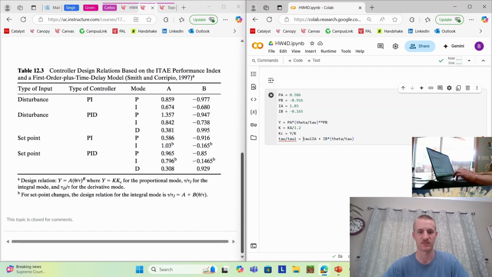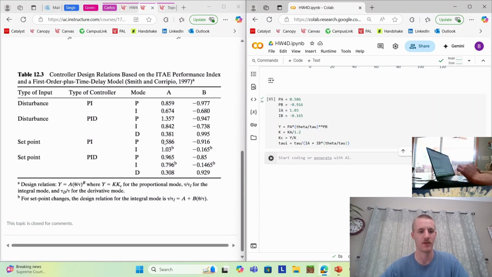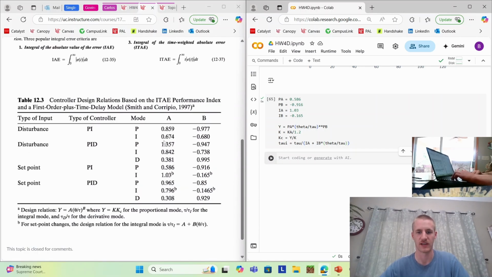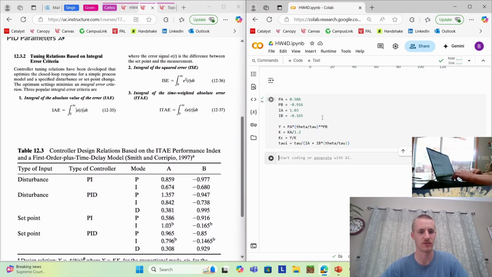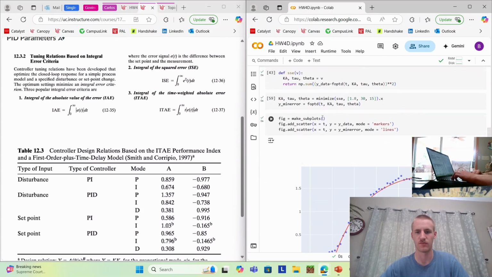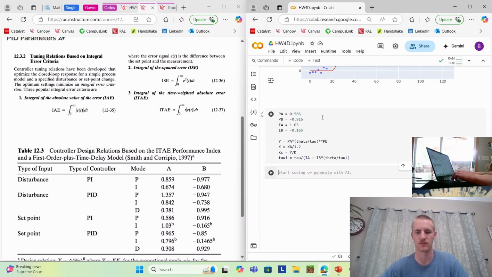And of course we'll do tau over all of this, and that will give us tau I. That's just rearranging, doing a little bit of algebra there. All right, so now we should be good to roll forward with this.